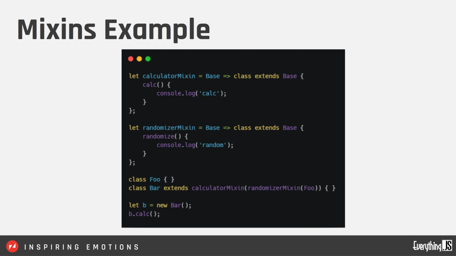Class declaration and class expression. So, can you understand this syntax? Anyone who can explain? At least the arrow function.